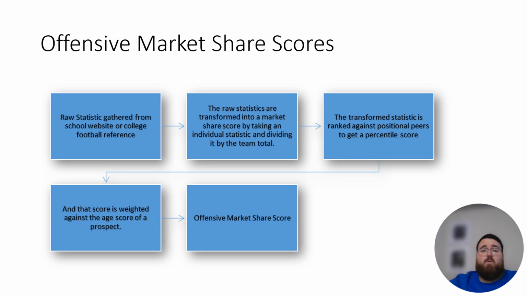So essentially, if a wide receiver had 10 touchdowns and his team had, say, 100 touchdowns, then he had 10% market share. It's very unlikely that a team would have 100 touchdowns, but that's just an easy way to explain that. This transformed statistic is then ranked against positional peers to get a percentile score, and that score is weighted against the age score of a prospect to give you the offensive market share score.